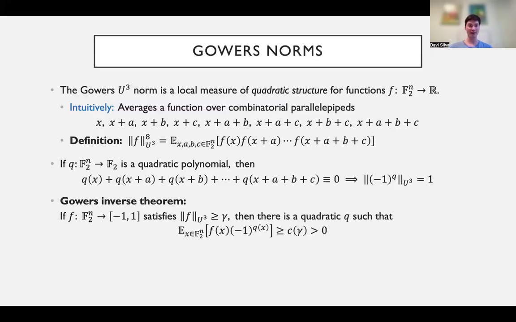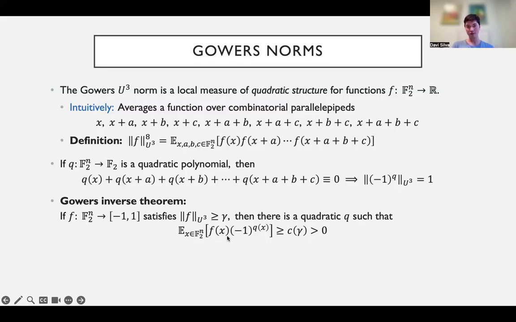It says that if f is a bounded function over F2^n, and if it satisfies that the U3 norm is at least a constant gamma, so it's almost as large as it could possibly be given the boundedness of this function, then there exists a quadratic phase function (-1)^Q that correlates well with f.